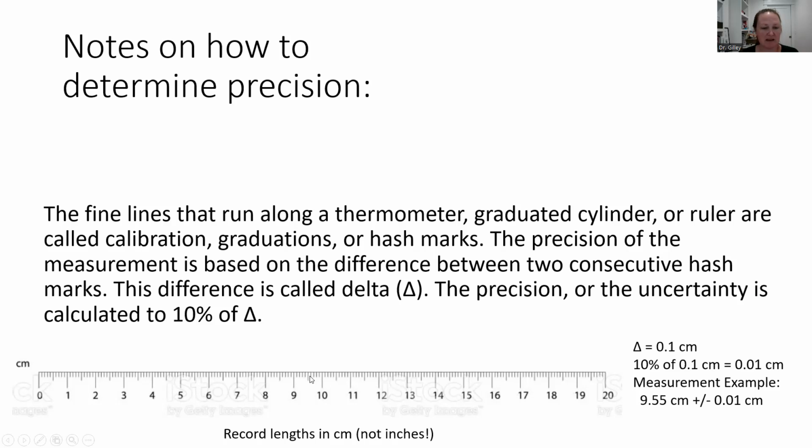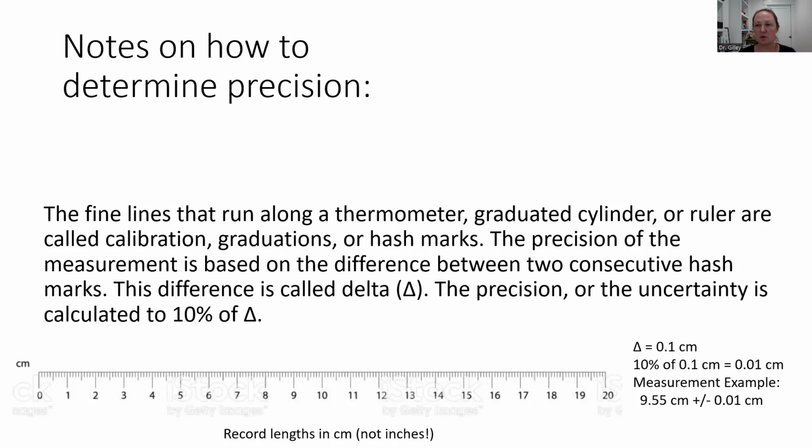If whatever I'm measuring is between the 0.5 and the 0.6, I need to estimate to that hundredths place. So if it looked like halfway between 0.5 and 0.6, I might say 9.55 centimeters. Or if it was a little less, maybe my eye says it's about 9.53. You get the idea. But the really important point here is that you have recorded 3 significant figures.